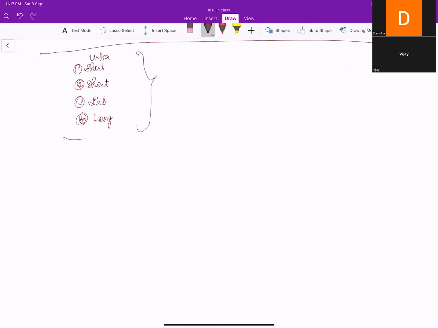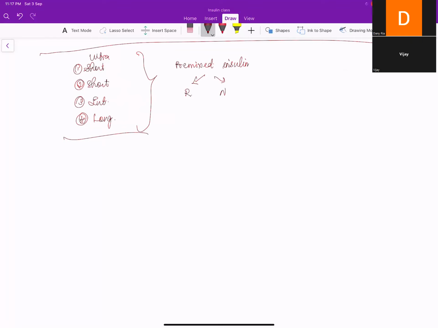Okay. All this is insulin. Types of insulin. And what is premixed insulin or mixed insulin? It's a mixture of 2 different insulins with different actions. For example, R insulin and N insulin. This comes in different combinations.